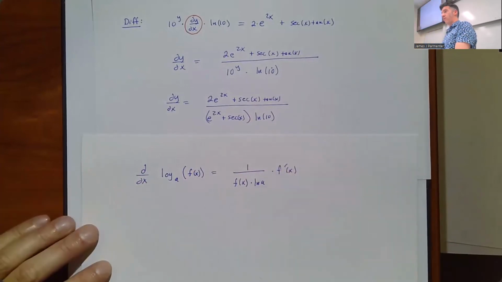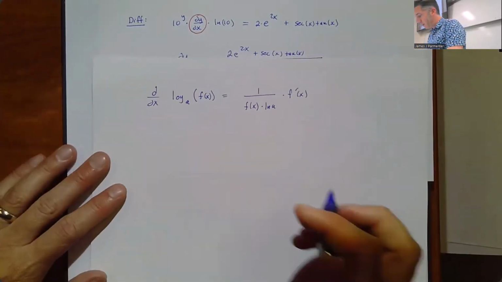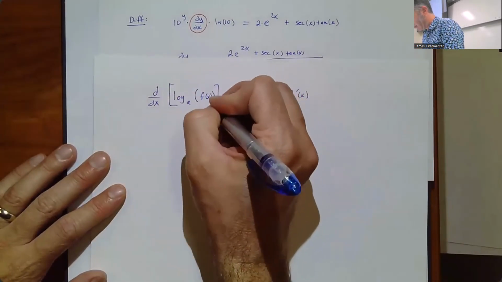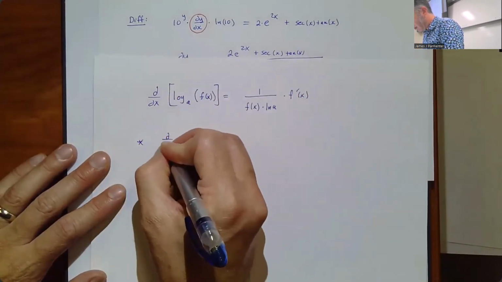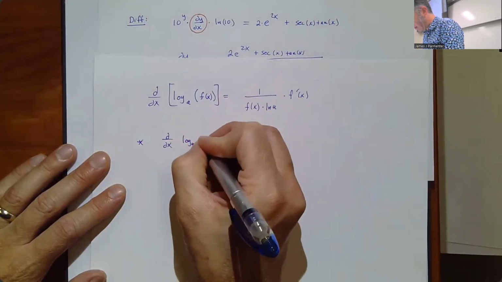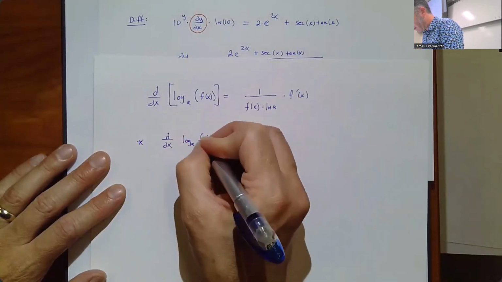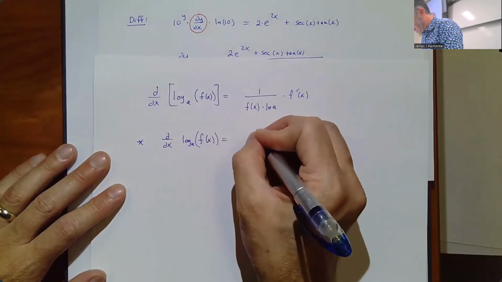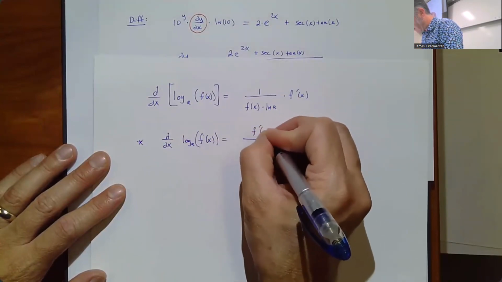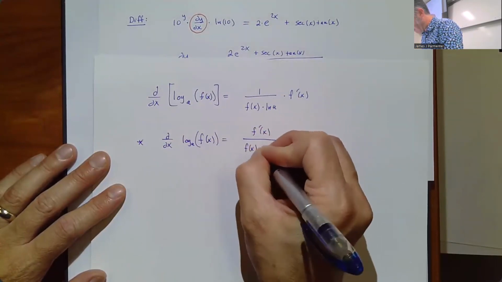Or people probably prefer to write it in a more compact form. We could really write it as the derivative of log base a of some stuff is the derivative of the stuff over the stuff times the natural log of a.